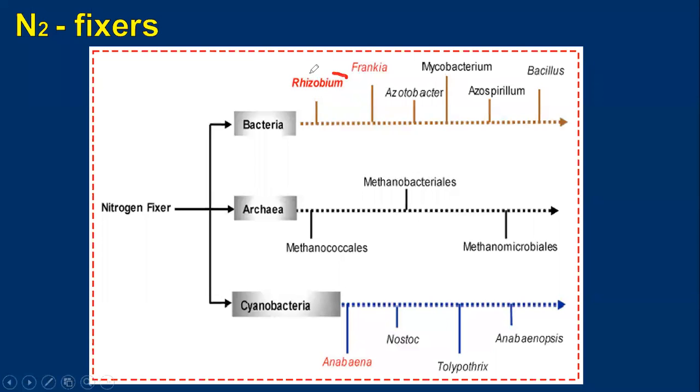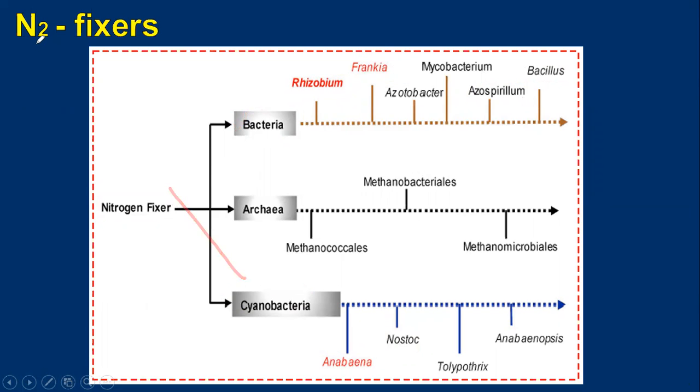That is Rhizobium, Frankia, Acetobacter, Azospirillum, Bacillus, then Anabaena and Nostoc, the cyanobacteria, and the normal bacteria mentioned as nitrogen fixers in our NCERT.